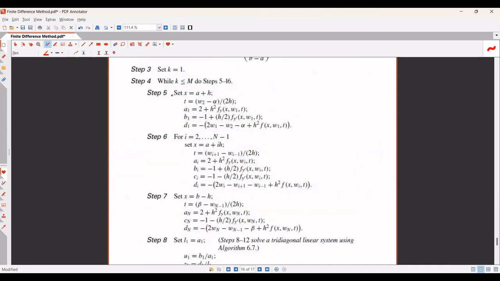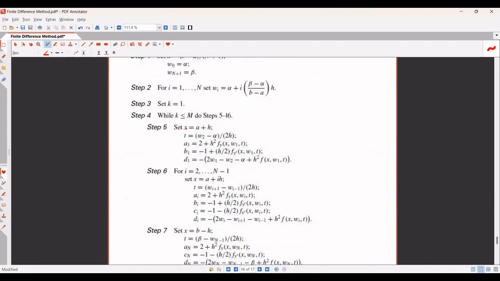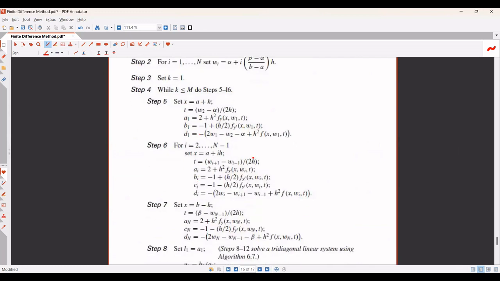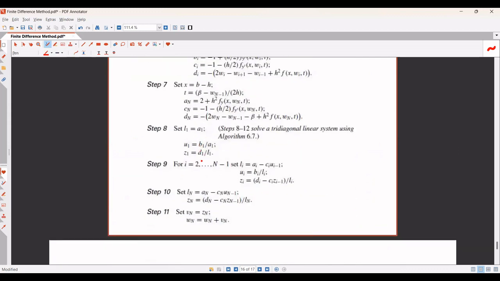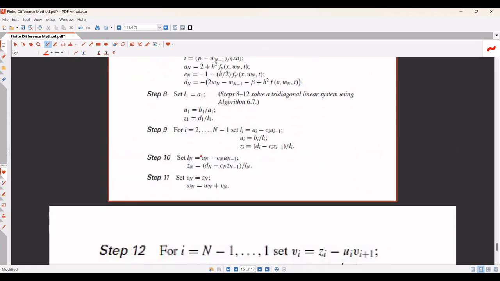Steps 5, 6, and 7 involve creating the system just like the linear finite difference method. Steps 8, 9, and 10 are for solving using LU factorization.